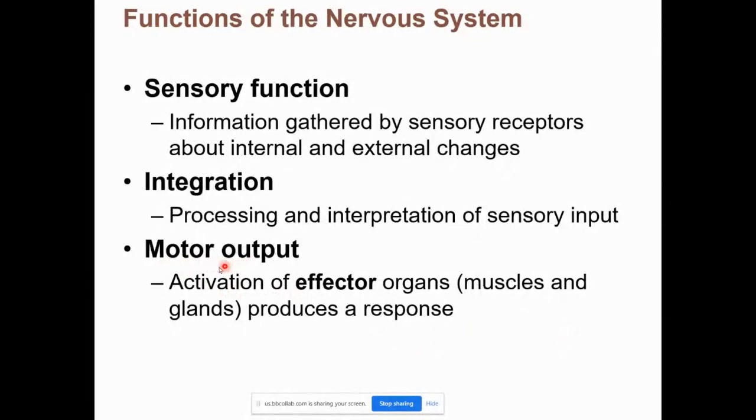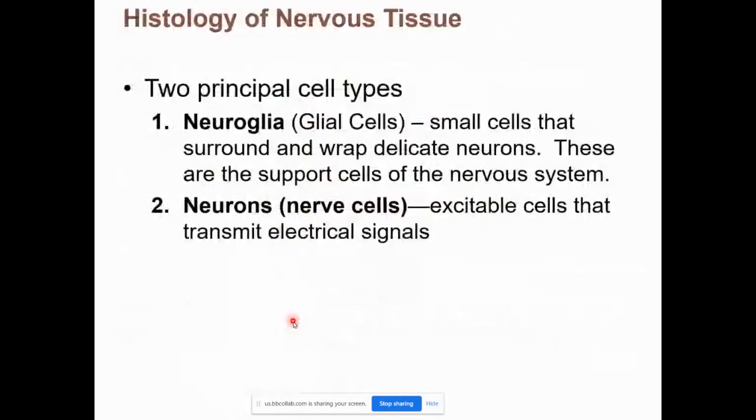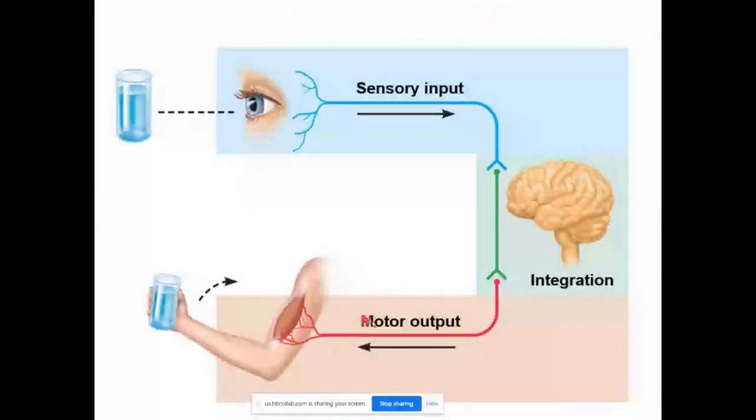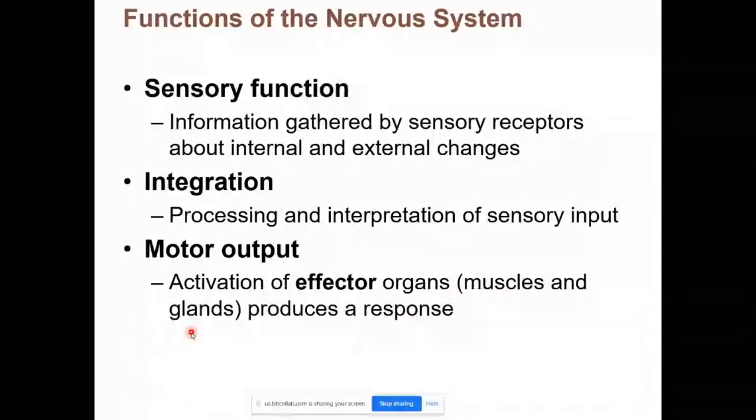Okay, so motor output is going to something called an effector. So if I move back, whoops, sorry, I'm going the wrong way, apologize. If I go back, the effector here is the skeleton. Effectors are either muscles or glands.